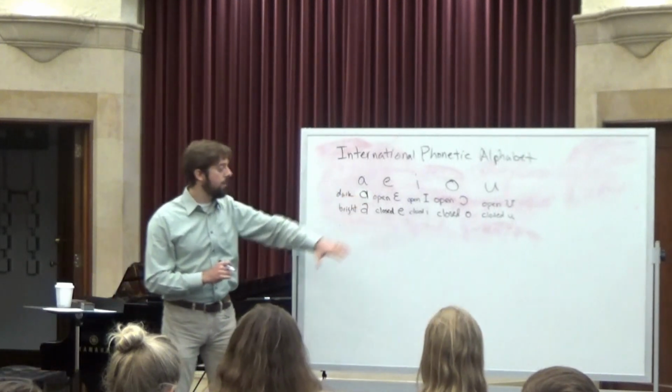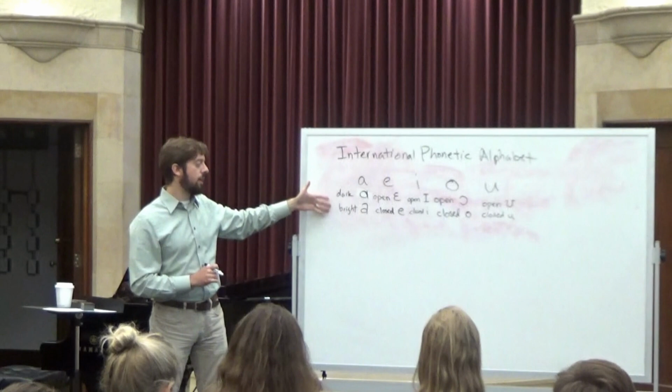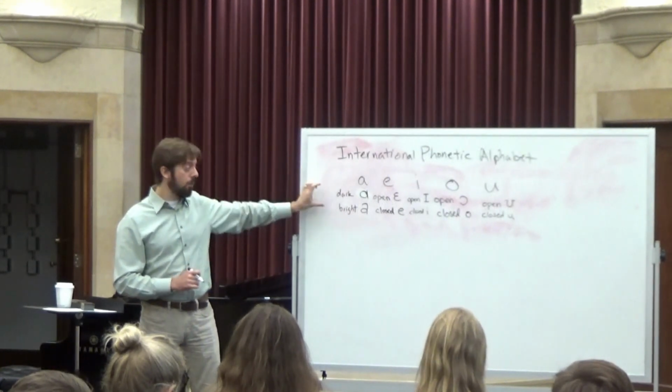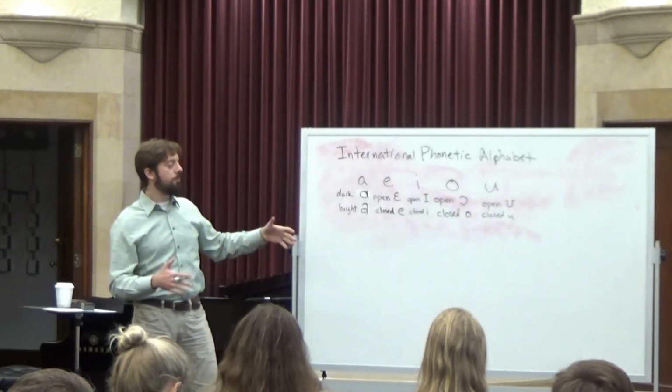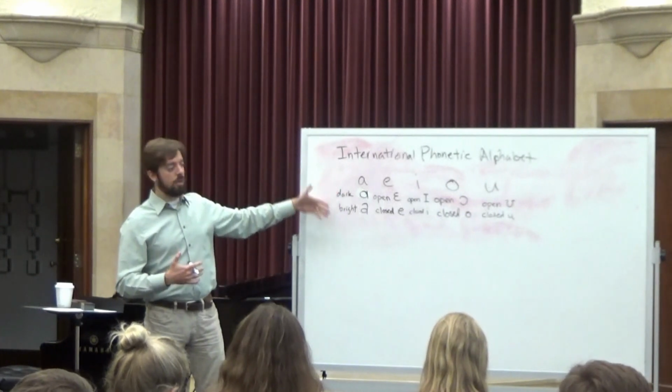So these are our basic open and closed vowels. Technically, dark A and bright A are both technically open vowels, so it's not exactly following the pattern, but it does functionally follow the pattern of a darker and a brighter.